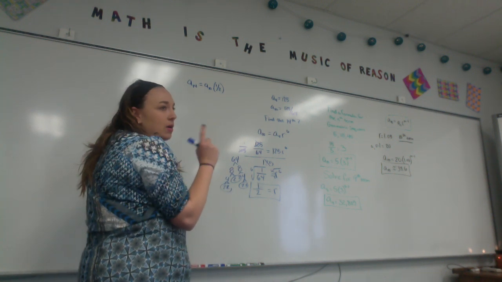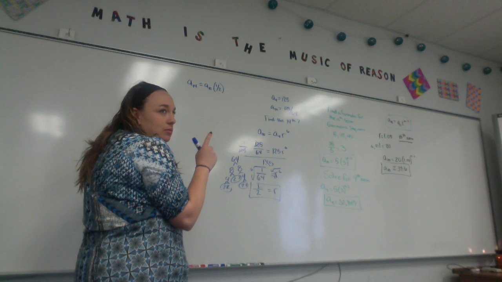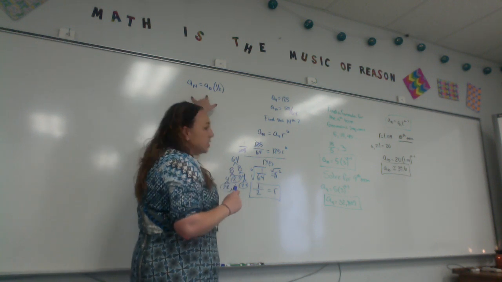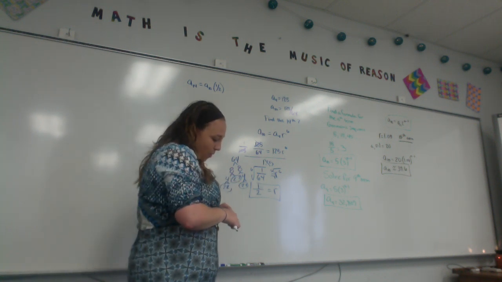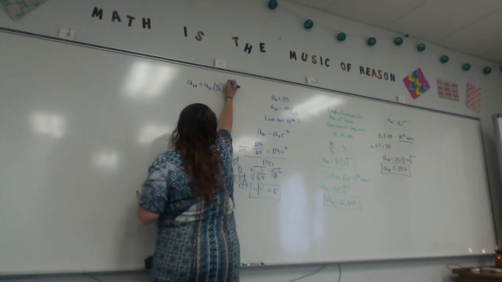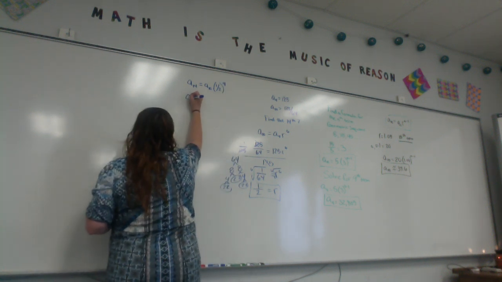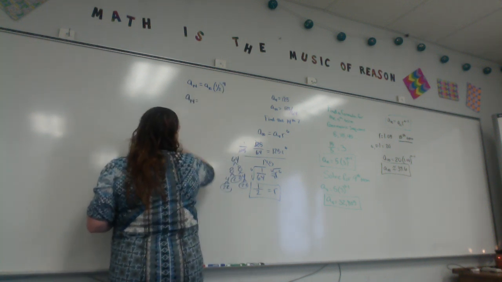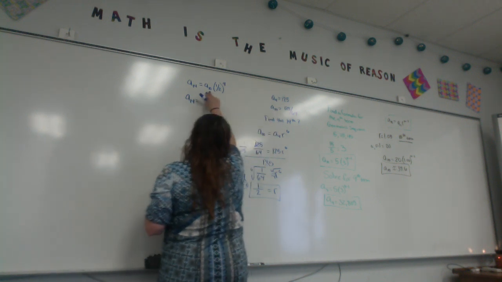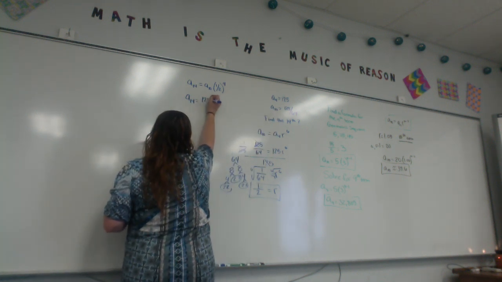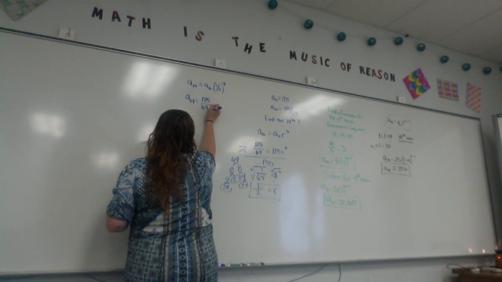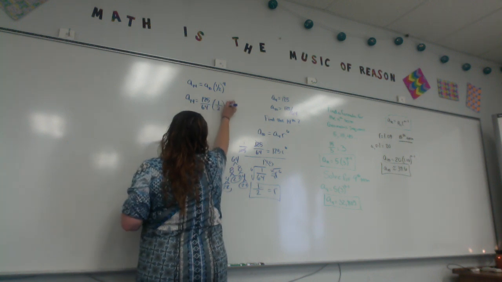But what power is that to? How do 10 and 14 relate? 4. So my power is 4. So a of 14 equals the 10th term, 125 over 64, times 1/2 to the 4th.